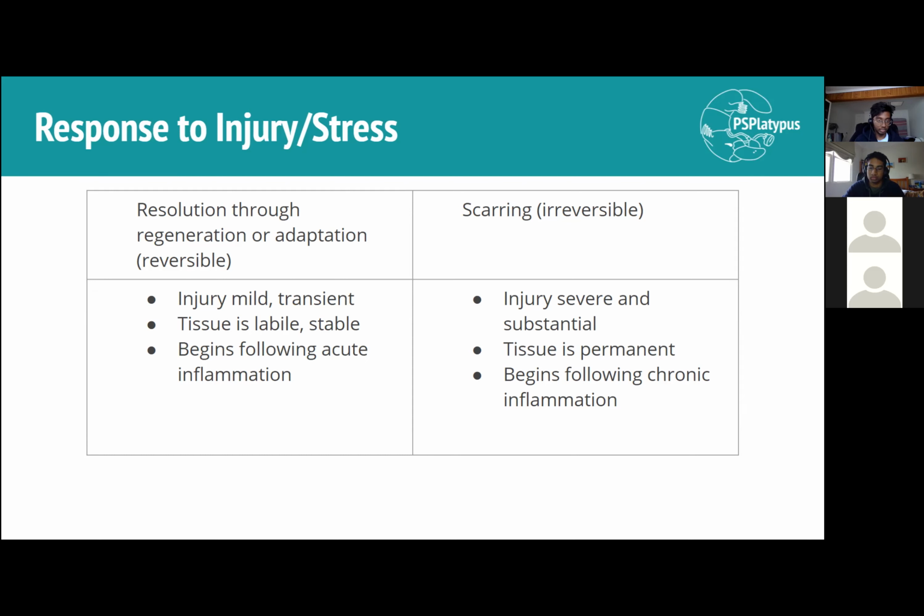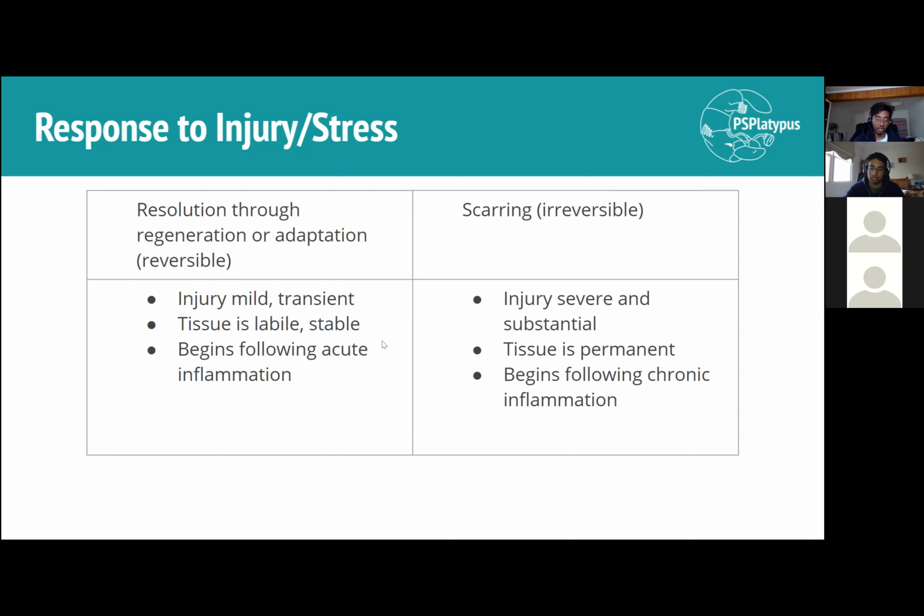And on the slide, we can see the situations when either happens. So we get regeneration or adaptation when the injury is mild and transient, but we get scarring when the injury is severe and substantial. The former when the tissue is labile or stable. Labile, I think, means that it can rapidly replicate, or it always goes through cycles of death and regeneration over and over again.